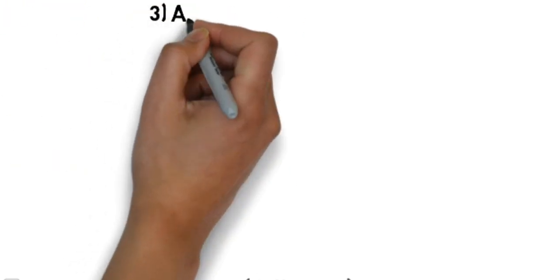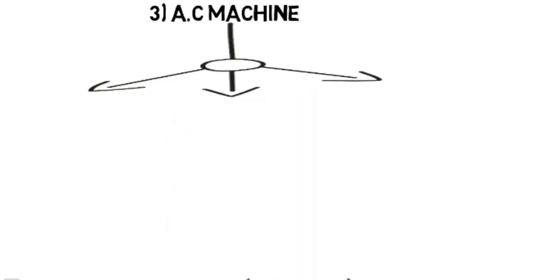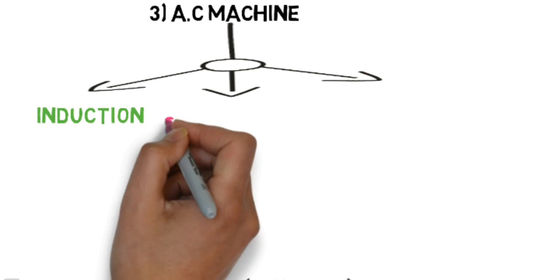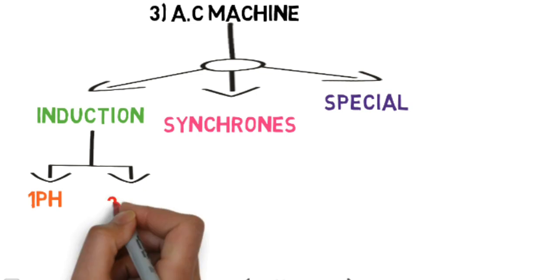Now, third is the AC machine. Here the AC machine carries a vast syllabus compared to the DC machine or the transformer. This is also classified into three parts: induction machine, synchronous machine and special machine. The induction machine is again classified as a single phase induction machine and a three phase induction machine.